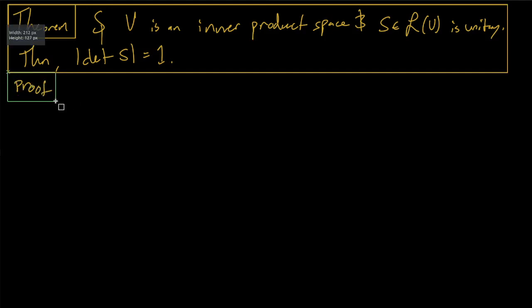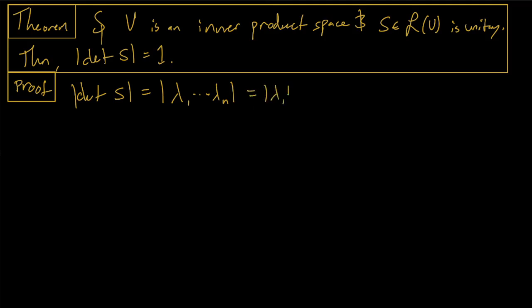It's actually very easy. So the determinant of S in absolute value is equal to the absolute value of the product of the eigenvalues of S repeated according to their multiplicity, which, if you look at it, is just the product of the absolute values of the eigenvalues of S repeated according to the multiplicities, which is just going to be 1, since the eigenvalues of a unitary operator have modulus 1.